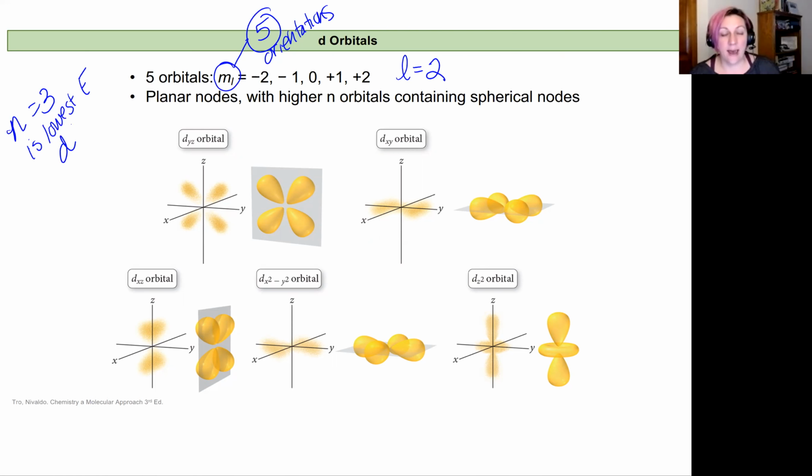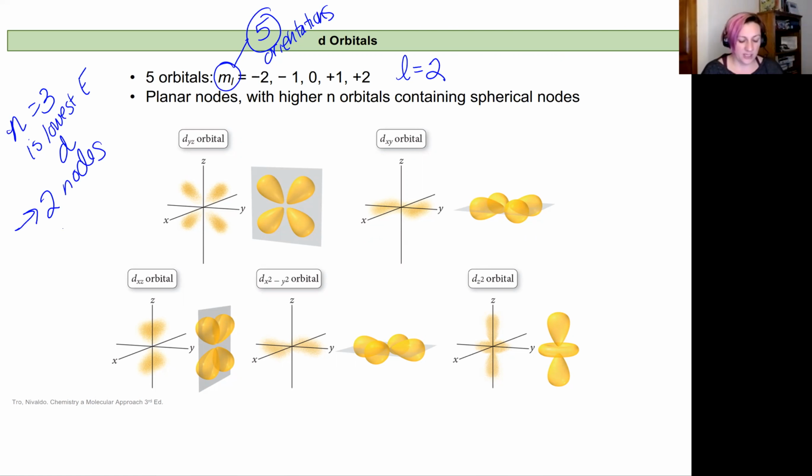Because we need to have at least n, and then our L is n minus 1. So if our n minus 1 is equal to 2, it has to correspond to an n level of 3 or higher.